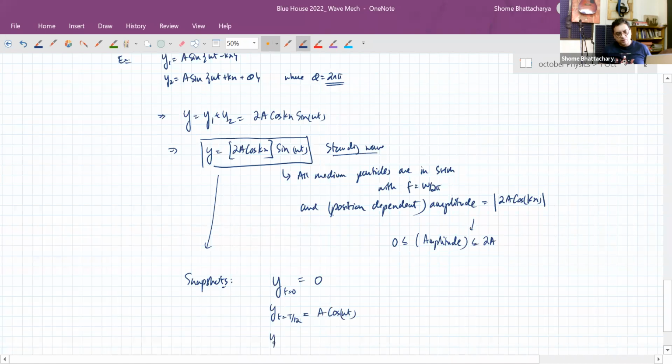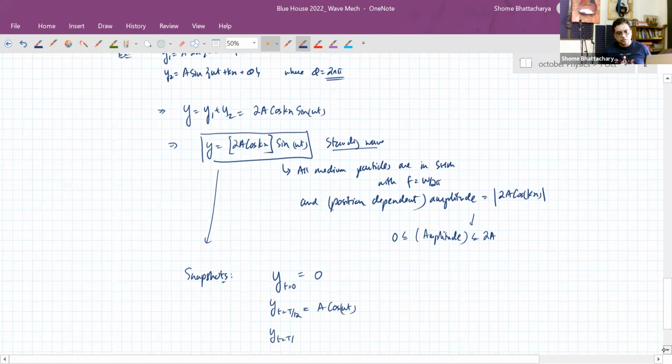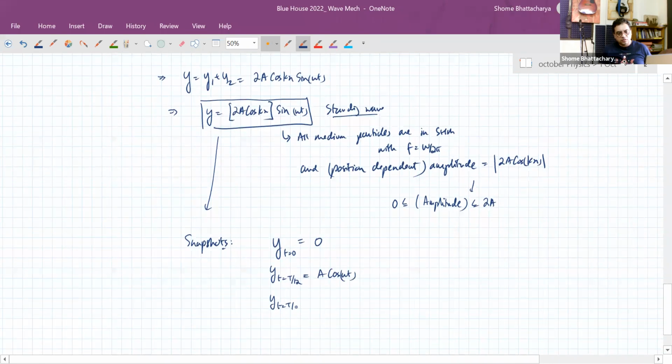Then at t equal to T by 8, for example, omega t becomes pi by 4. Okay. So sine becomes 1 by root 2. So this becomes root 2a cos omega t.